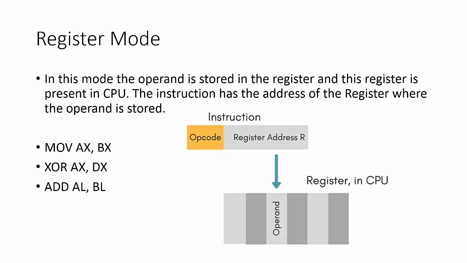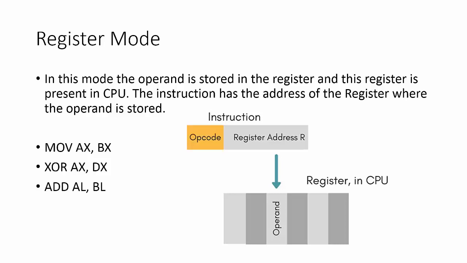AX is the accumulator register and BX is the base register. Okay, another example, XOR AX, DX. The XOR instruction will perform the bitwise exclusive OR operation. Here AX and DX are the accumulator register and data register.